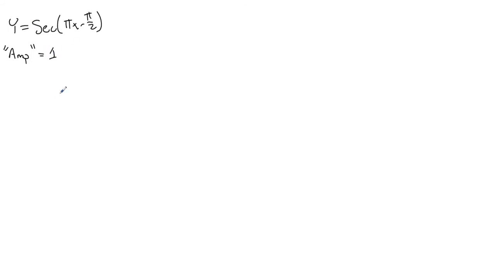So we'll start with 1 and -1. There is no vertical shift. I'm not doing any of that because I'm trying to focus on finding those new endpoints. My period is still going to be 2 pi divided by whatever this value is right here, so pi, giving me 2. And now my new endpoints.